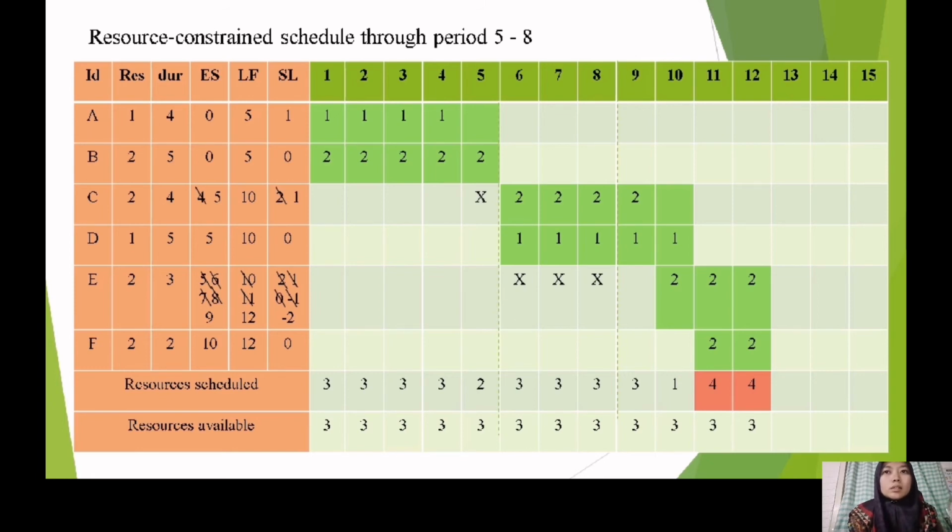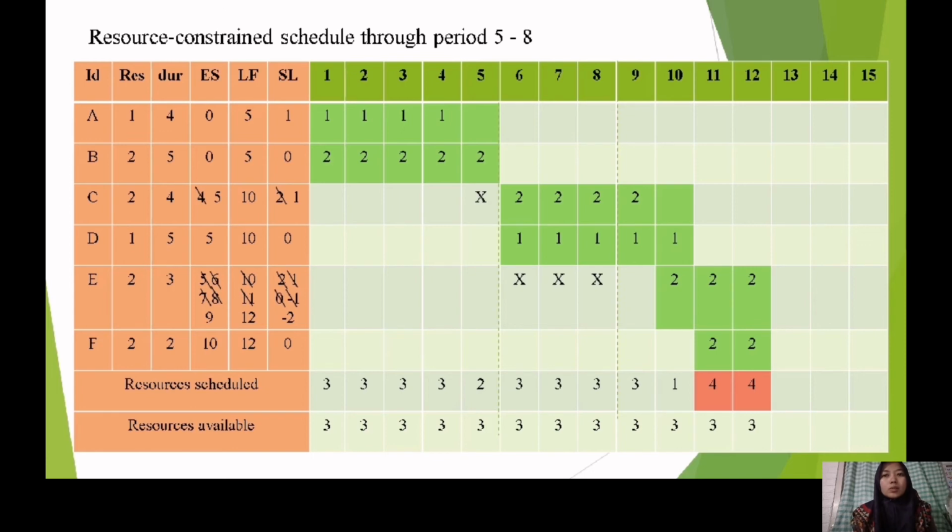We take the one slack in activity C and one slack in activity E and move it to day 11 and 12 in activity E. So activity E will start in day 10 until 12, and the slack of activity E after we make the new schedule is 0. The slack in activity C becomes 0 too.